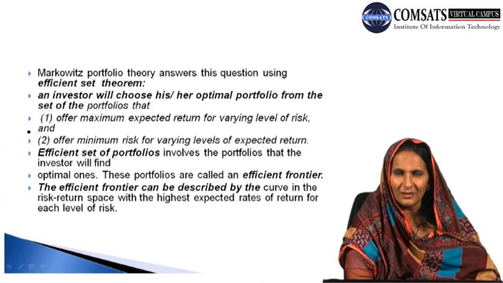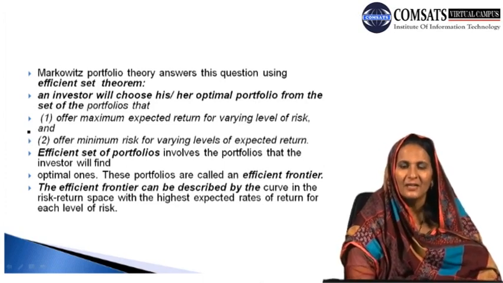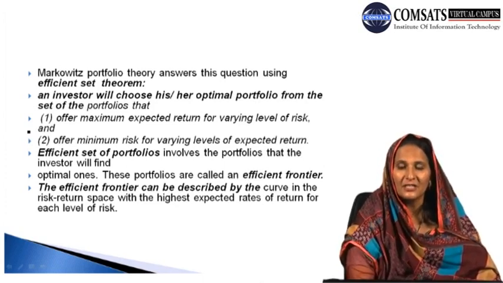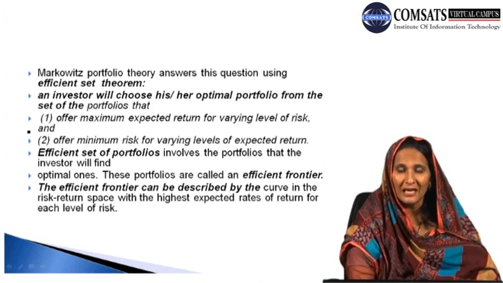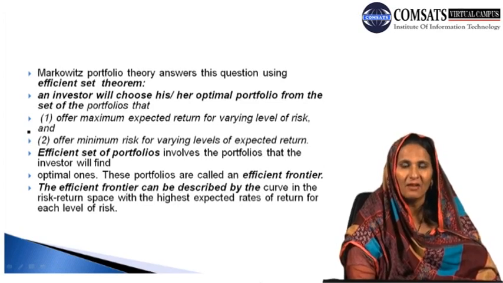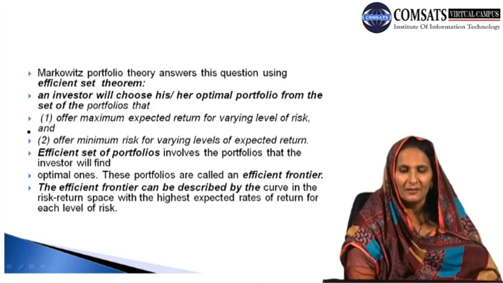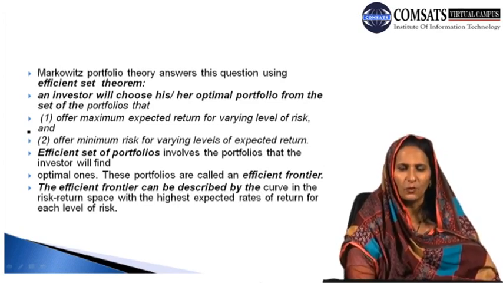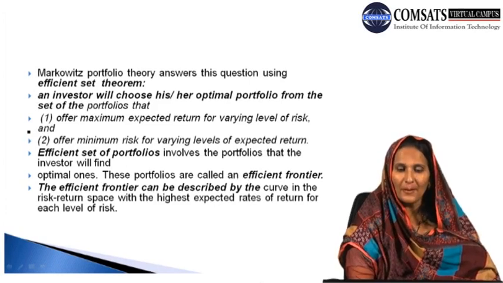On one hand, we have a volatile level of risk. Secondly, there are also assets present in the portfolio which have the expected rate of return, but are also bearing the minimum level of risk for the investor. So what is the efficient set of portfolios? The efficient set involves the portfolios that the investor will find optimal.